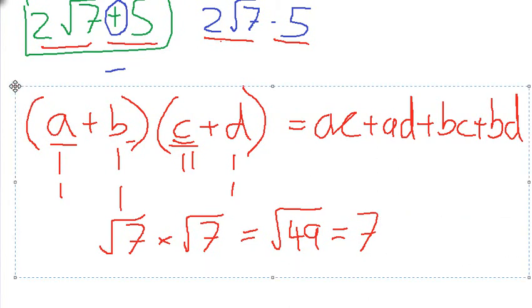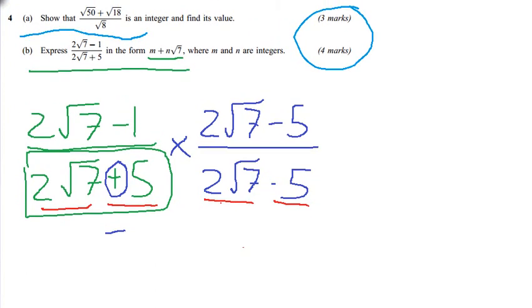Let's actually do the question now. What is that going to equal? Well, 2 times 2 is 4. Root 7 times root 7 is 7. So 4 times 7 is 28. Then we get 2 root 7 times minus 5. Then minus 1 times 2 root 7.